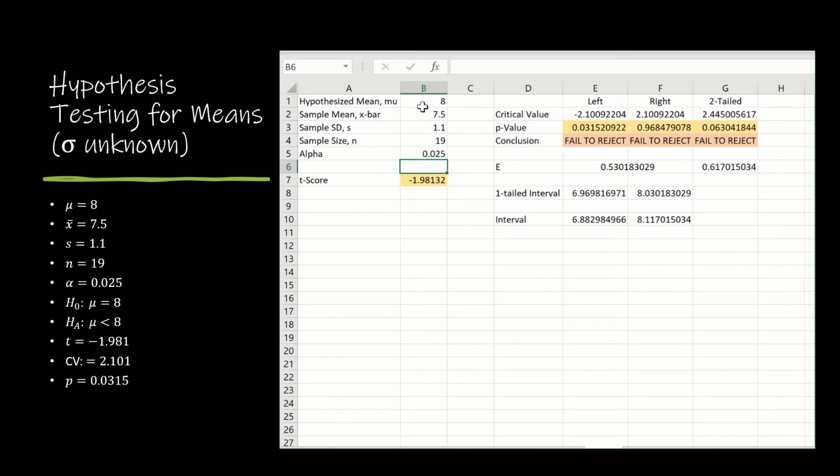We found the critical value to be negative 2.101. That agrees. Again, we're doing a left-tailed test, so I'm worried about this column right now. And our p-value is 0.0315. Based on the fact that alpha is 0.025, we're going to fail to reject. And then this is the same interval that we came to together.